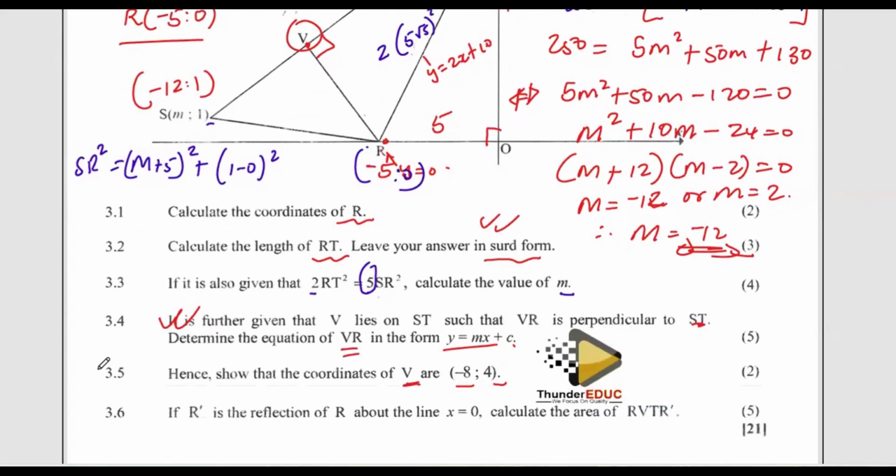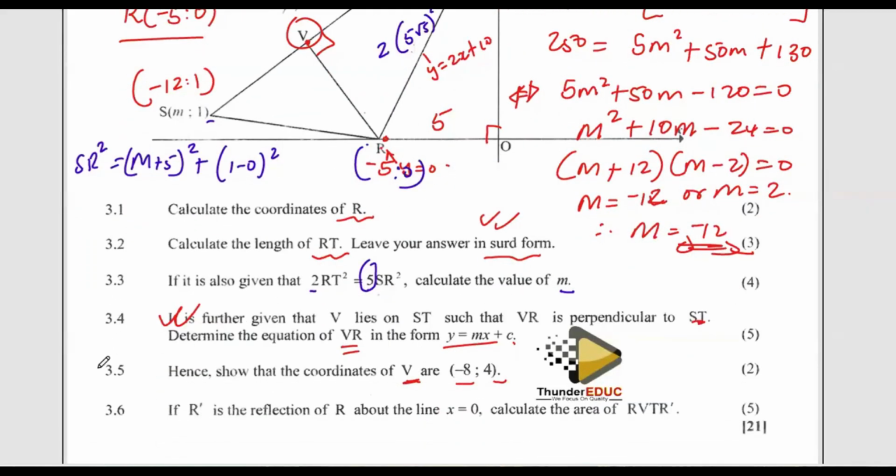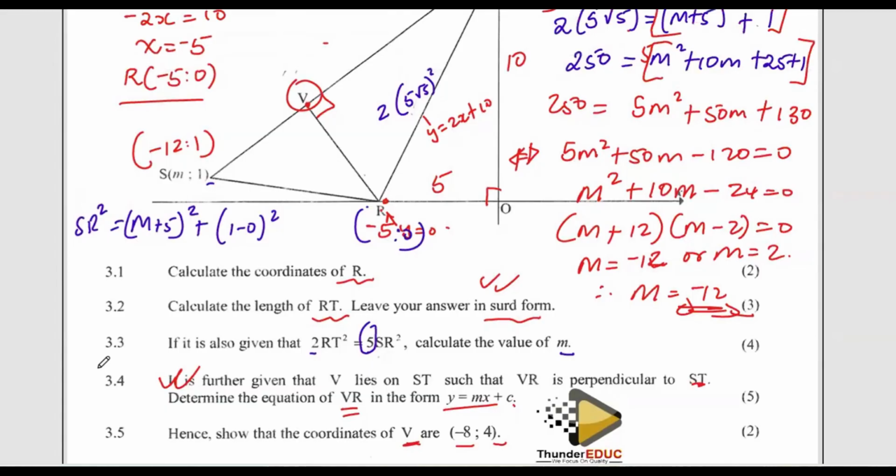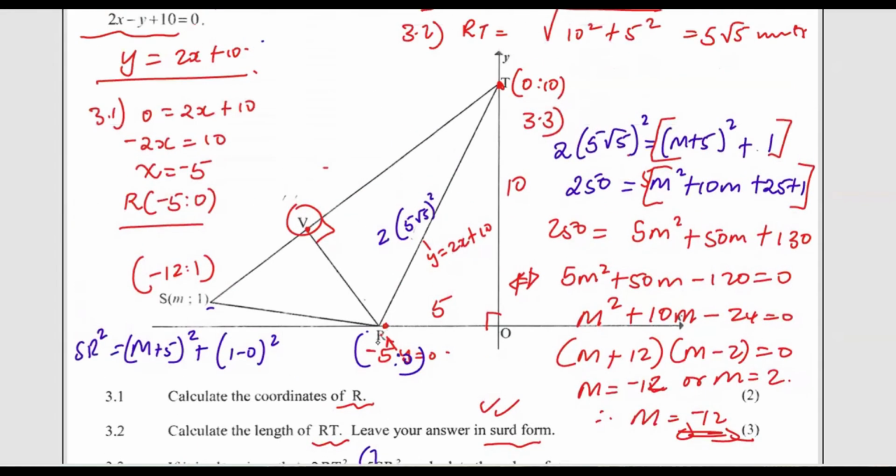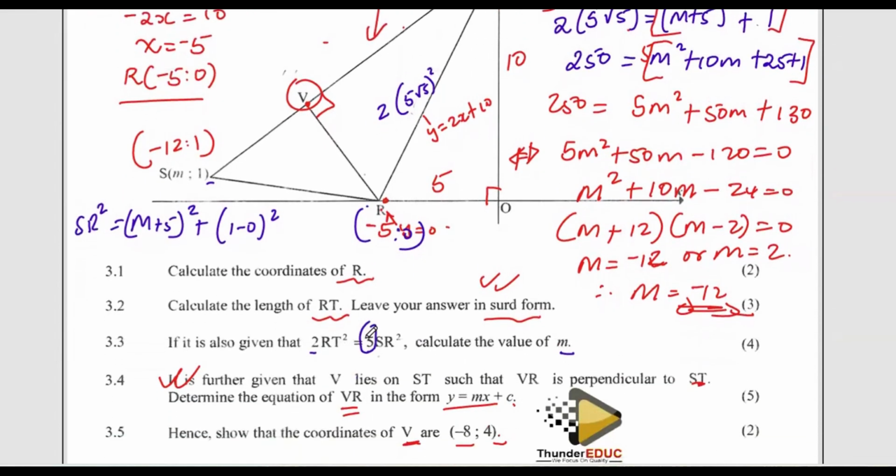What would people have done in this kind of scenario? Because the approach I have is kind of lengthy for 2 marks. What I need is the equation of this line, and then I'll solve the two simultaneously. That's the option I have currently.